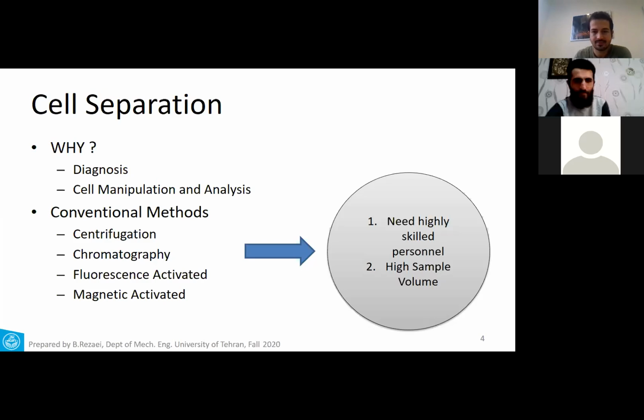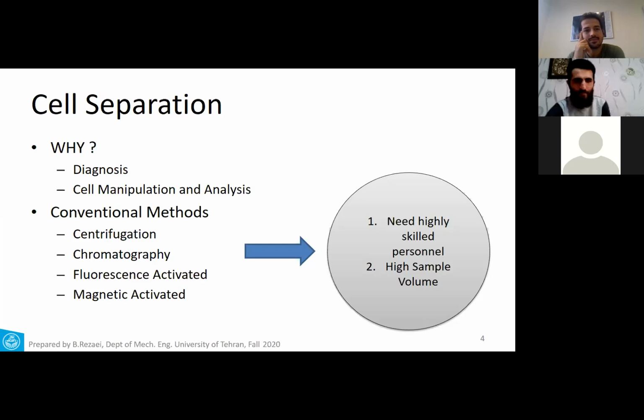We want to study the effect of some kinds of enzymes on breast cancer, so we need that cell to be able to do cell culturing and this sort of thing. So cell separation is important, first for diagnosis, and second, as I've written here, cell manipulation and analysis.